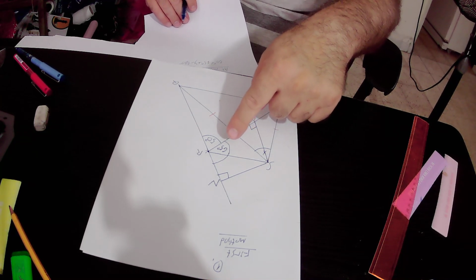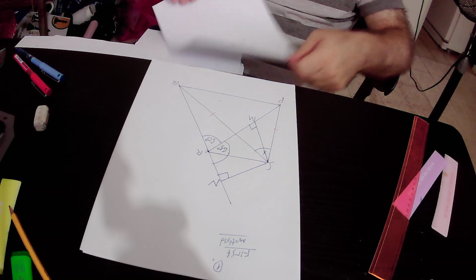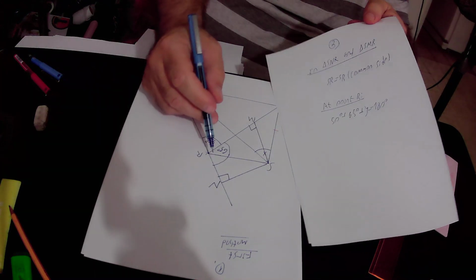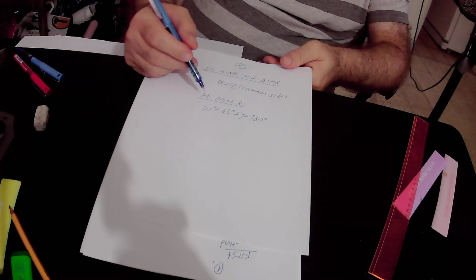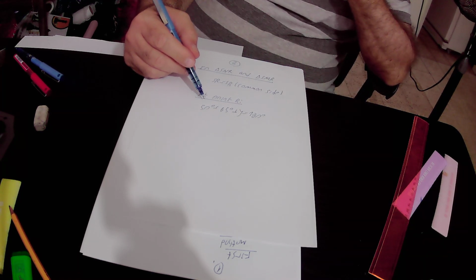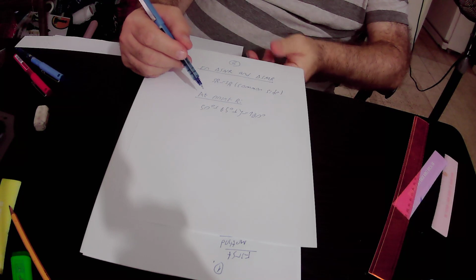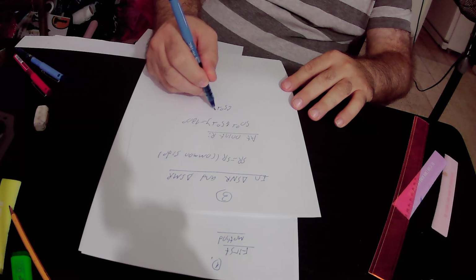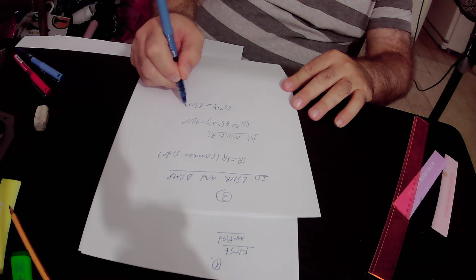So we subtract 50 degrees from this equality and get 65 degrees plus Y equals 130 degrees.